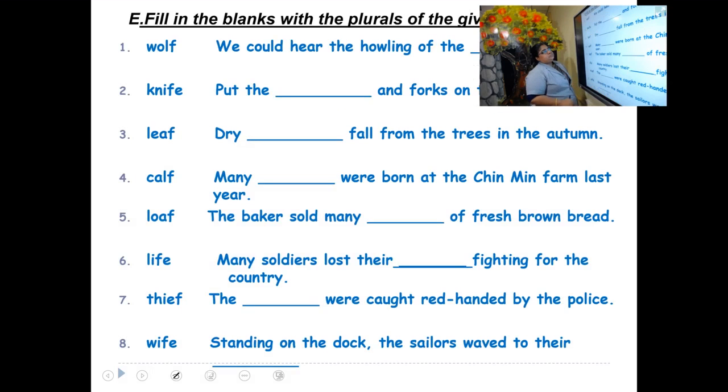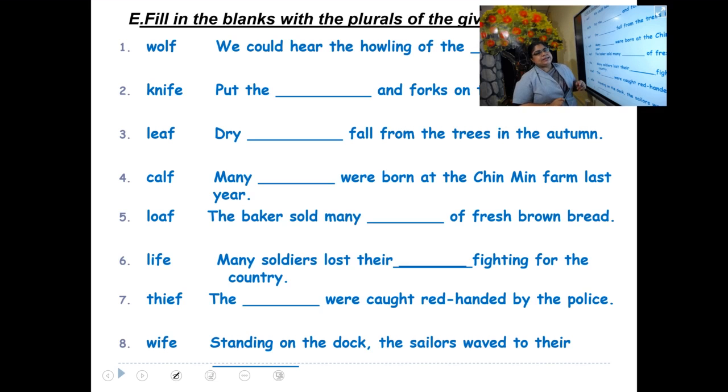Now fill in the blanks with the plurals of the given nouns. In the last class we have already written exercises 4 and 5 of the textual exercise, and now we are moving to the 6th one, C and D. Till D we have written in the last class. Now all of you take page number 6 in your grammar textbook.